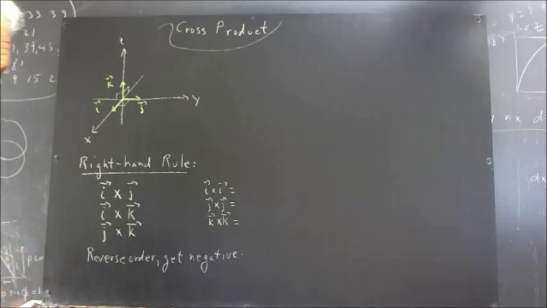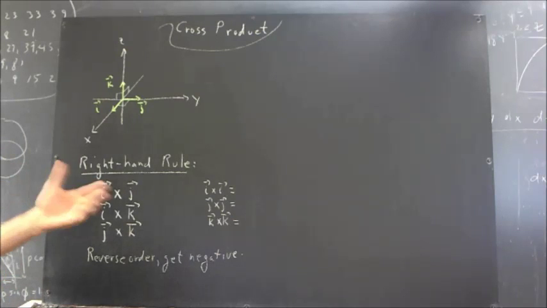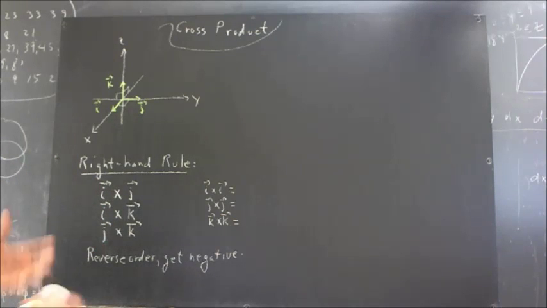Okay, now there are various ways of defining the right-hand rule. This is the most common way, but I'm going to define it this way anyhow, because, well, reasons I'll maybe explain as I go. But for now, just accept it. This can be taken as a definition. It's completely consistent with any other definition.